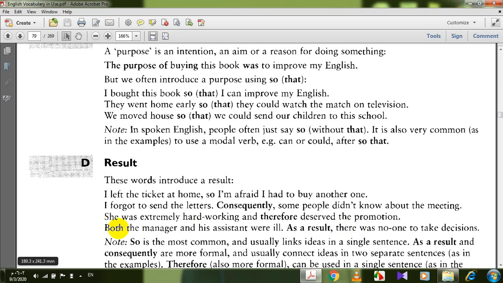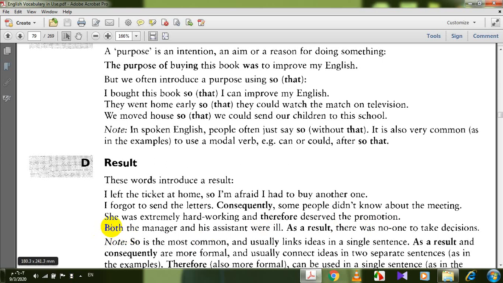We said she was extremely hardworking and therefore deserved, without the subject. And we have to be careful about the punctuation: and therefore, without commas, without full stops.